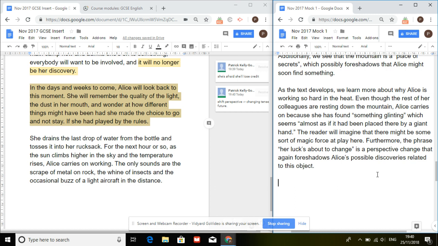So near the end of the text, we learn that Alice is breaking the rules of the dig. She knows she should fetch somebody.